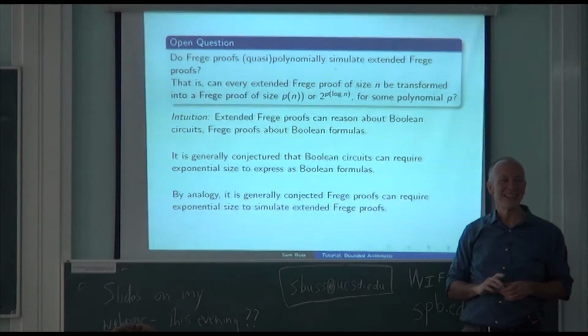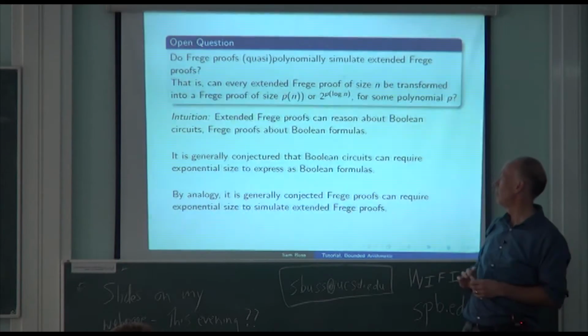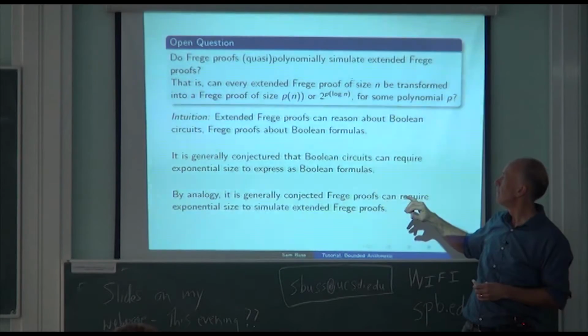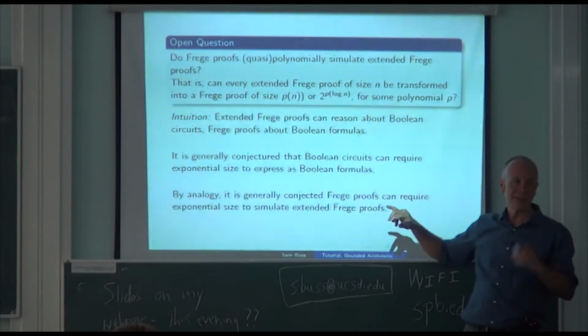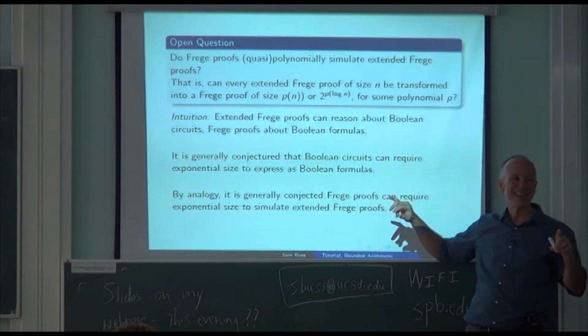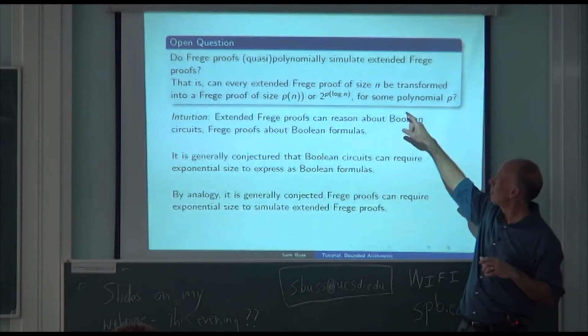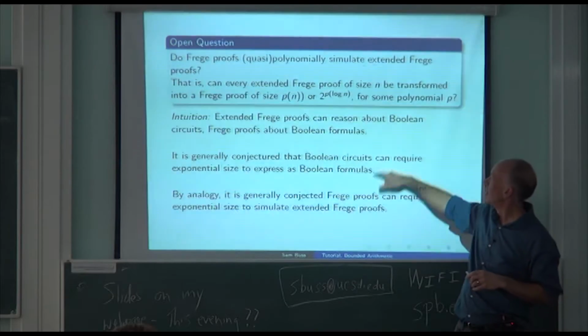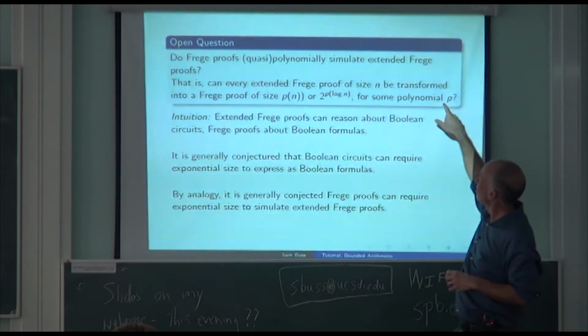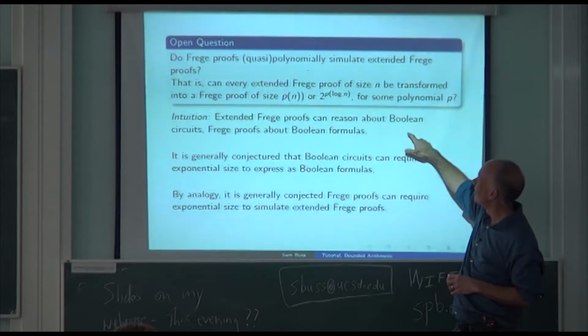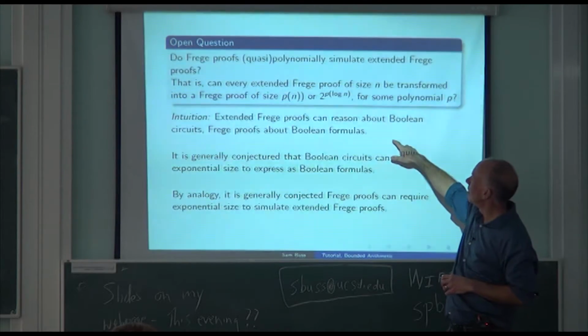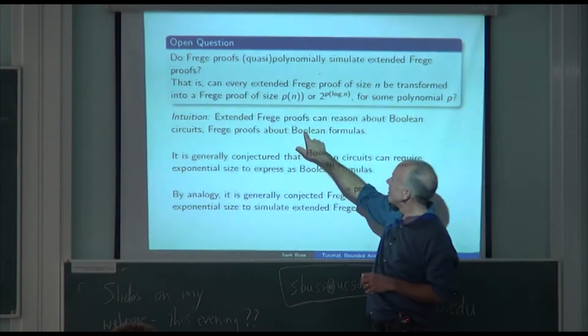Yes, question? You just mean super polynomial size when you say exponential? Yeah. Oh, whoops, there's something wrong here? Sorry, was there an error on the slide? One thing at a time. Exponential should be super polynomial? In the second line. Second line, intuition, go to the second sentence.